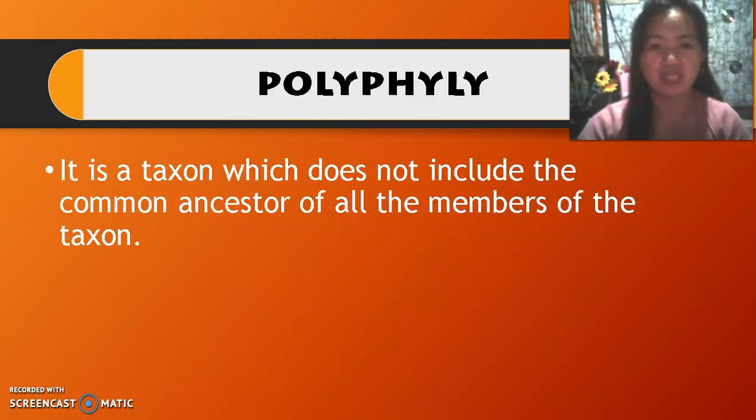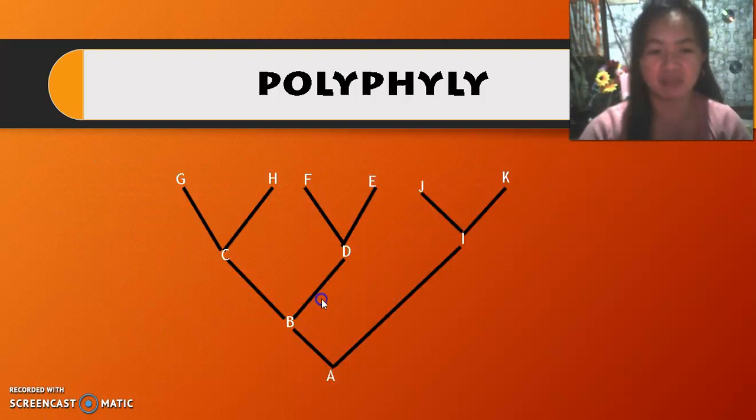Next is polyphyly. It is a taxon which does not include the common ancestor of all the members of the taxon.